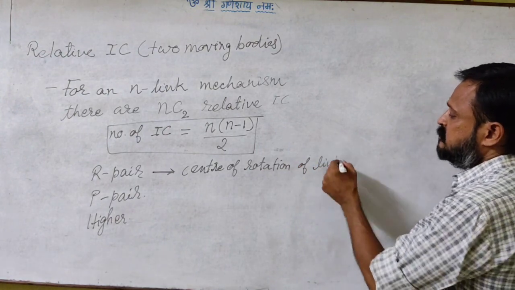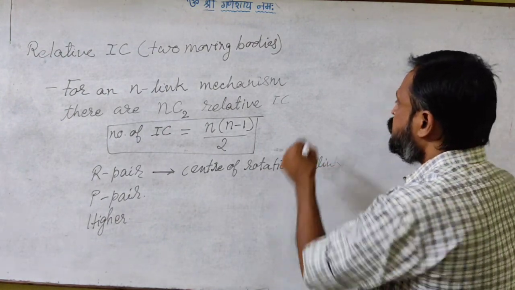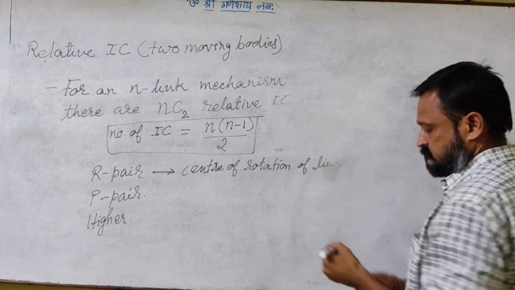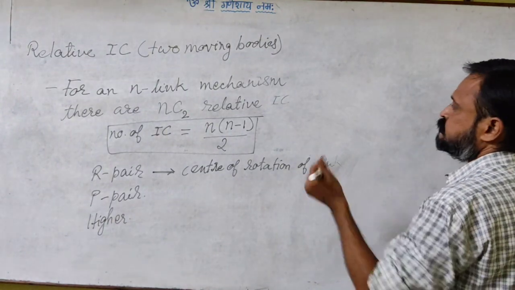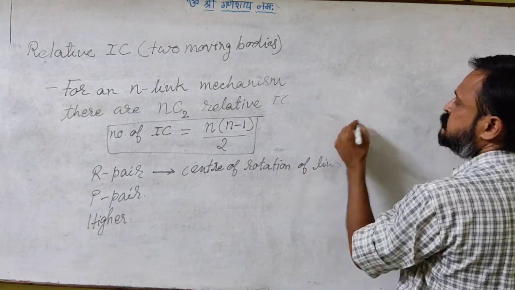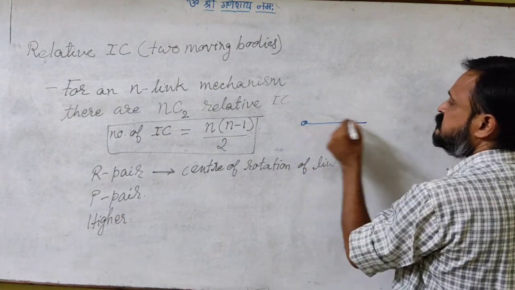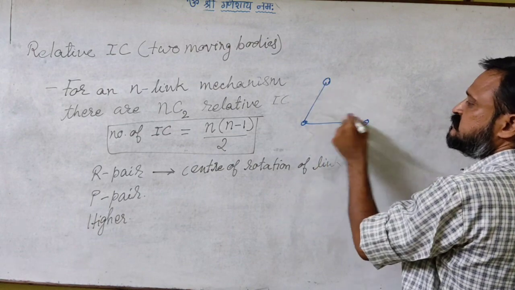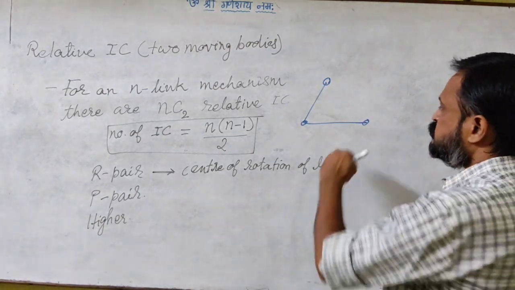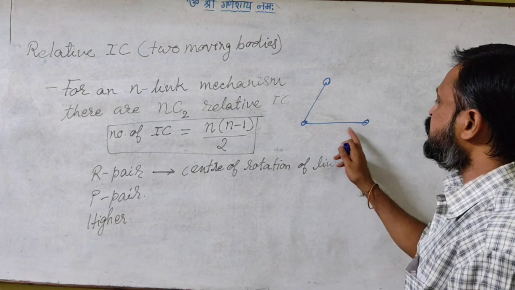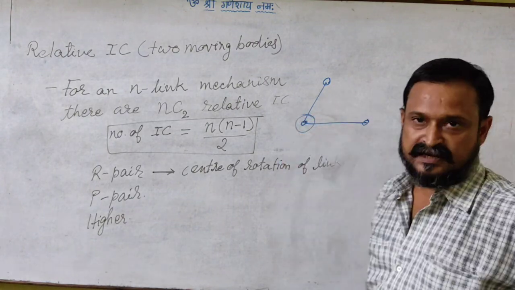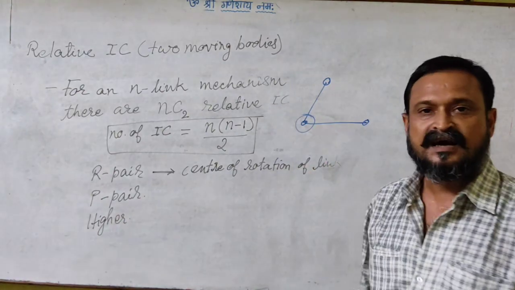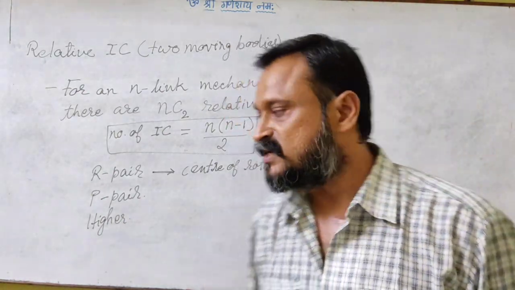So if there are these two links forming a revolute pair, the center of rotation for these two links will be this joint. That means this joint becomes the instantaneous center of rotation.